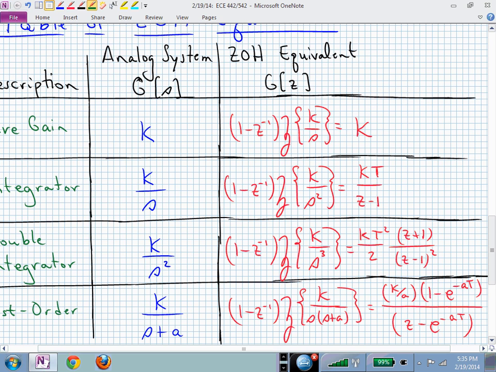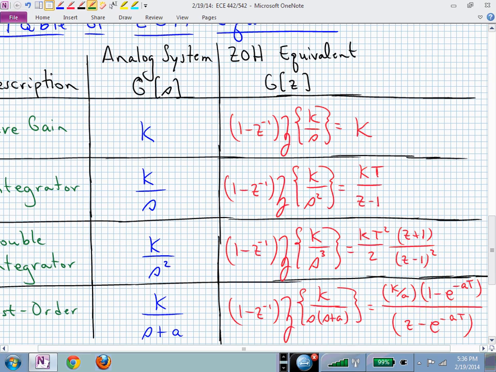That's why I tried to give you this additional piece of information, so that you're not confused if you see a z-transform table that includes Laplace transforms in a column next to it, and they may not have this K over S looking like what I have in this particular table. The reason is this is now the zero order hold equivalent table. I want to make sure that you're clear on that.